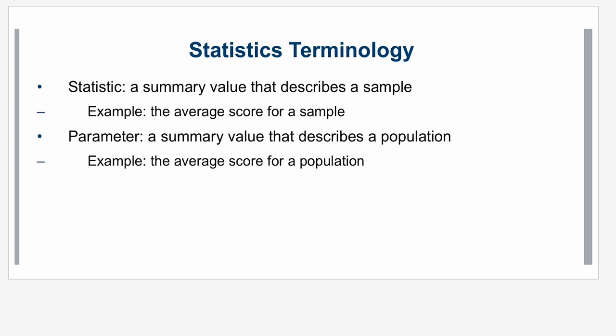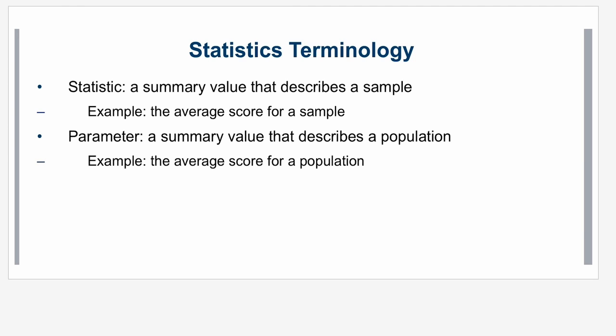Now, if you want the actual specific data for the population, that's a parameter. So if you actually have the average score for the entire population, that's called a parameter, not a statistic.